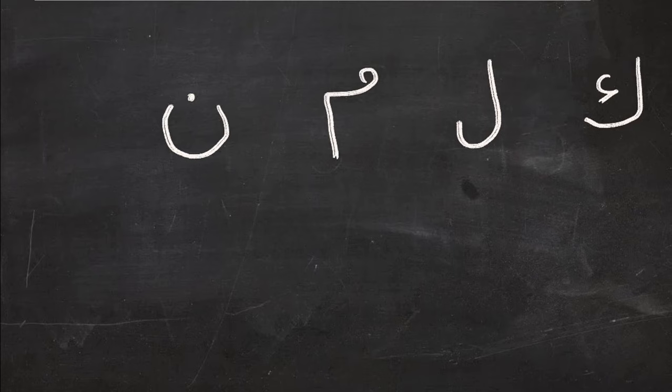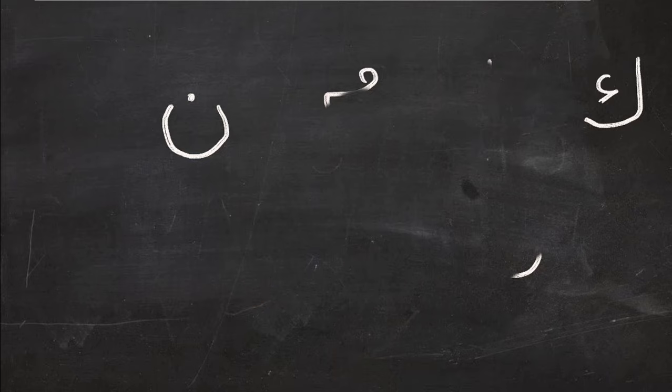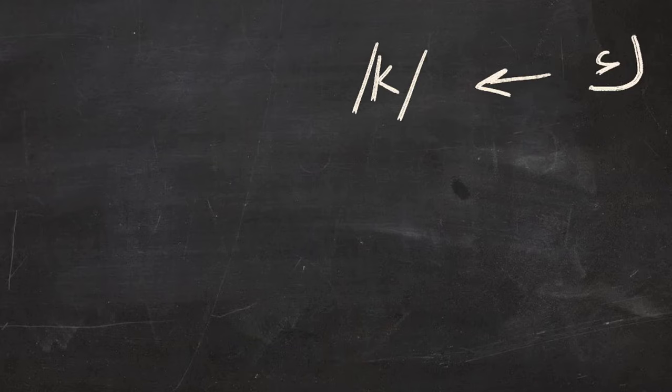So again, the letters that we're going to focus on today are Kaf, Lam, Mim, Noon, Ha, Waw, Ya. The first letter we're going to start with is letter Kaf. Kaf is an easy one because it is compared to the K in English, and the K is found in cat.